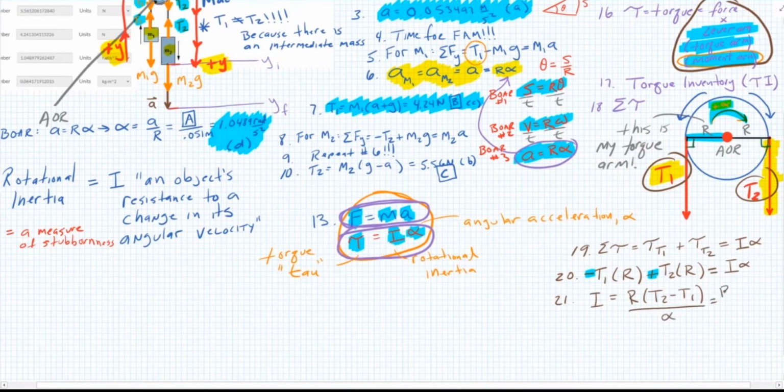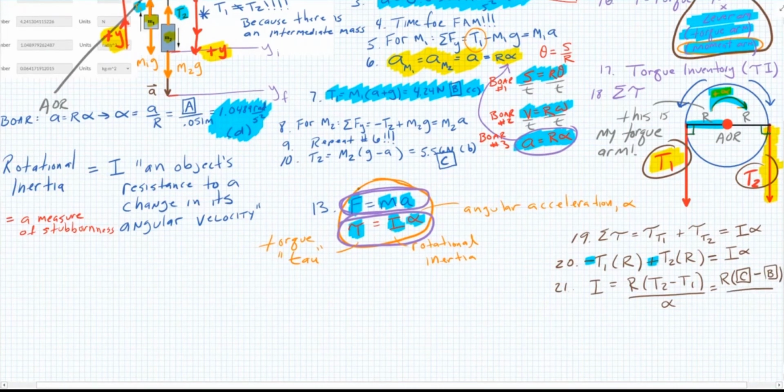R times T2 is sitting there in memory location C. I'm going to take memory location C minus T1, and T1 is in memory location B, all of that divided by alpha, and alpha is right here. Did I put that in? Yeah, store alpha in D. All over calculator memory D.